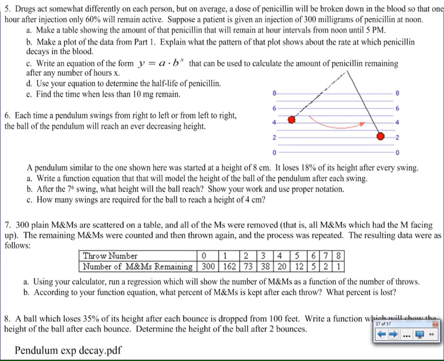is ask myself, if I lose 18%, and we start at 8 centimeters, we're going to take y equals 8 centimeters, and then we're going to basically take our 100%, which we will write as a decimal, and then we are going to lose 18%, which we will also write as a decimal, and we'll do that for every bounce.